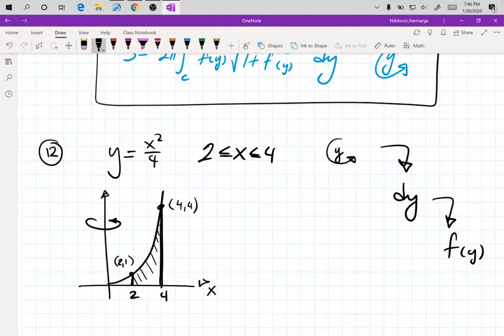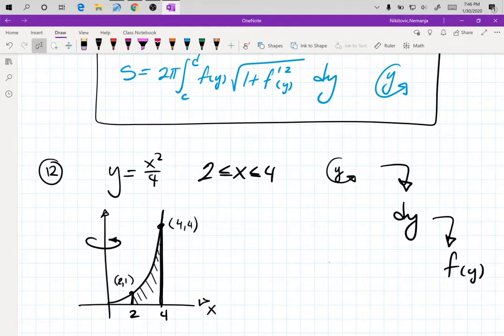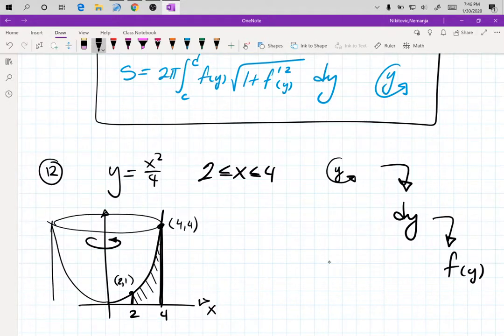Now, I have to calculate the surface area. So this is going to rotate around the y-axis. It's going to create another shape on the other side. There's going to be a circle on top.